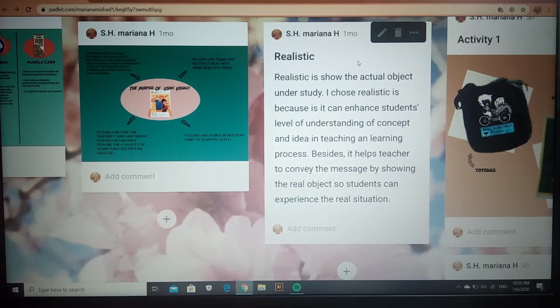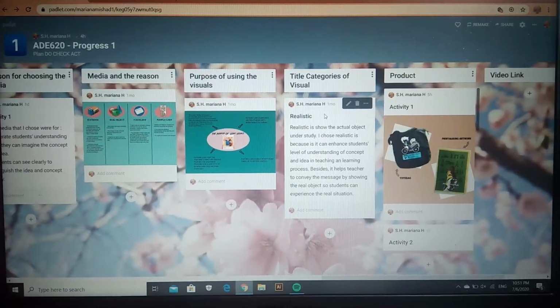I choose realistic because it can enhance students' level of understanding of concepts and ideas in the teaching and learning process. Besides, it helps the teacher convey the message by showing the real object, so students can experience the real situation. Like the set induction objects, I use the tote bag and also the real printmaking artwork.